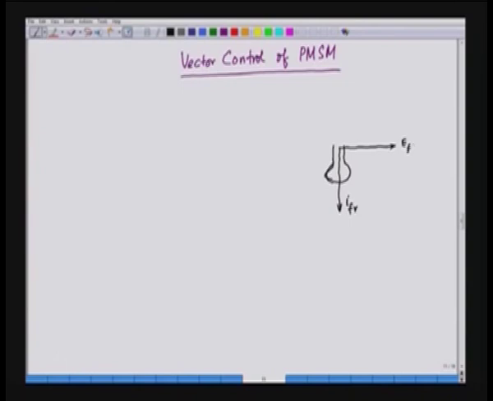The stator current can be in any arbitrary direction, so we can draw the stator current like this. This is IS, and this is the D axis, the direct axis, and this axis is the Q axis, or the quadrature axis.